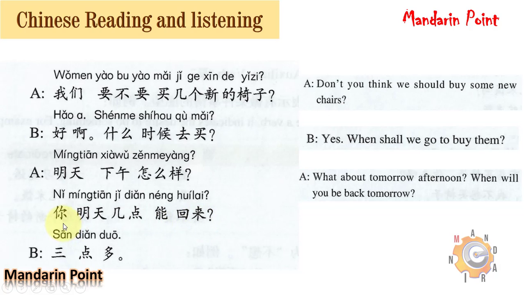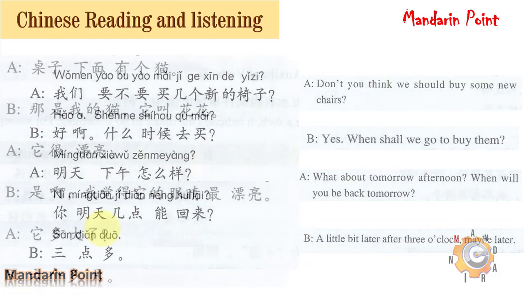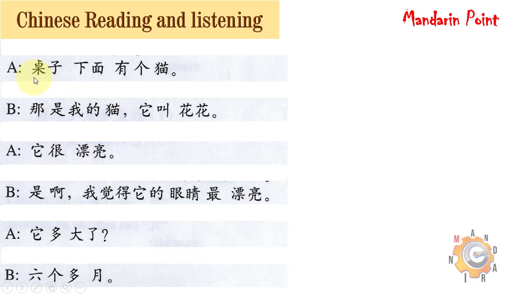The literal meaning is you tomorrow, which time will be able to come back? When will you be back? Tomorrow. 3点多, 3 o'clock after. So after 3 o'clock. Let's read another paragraph.